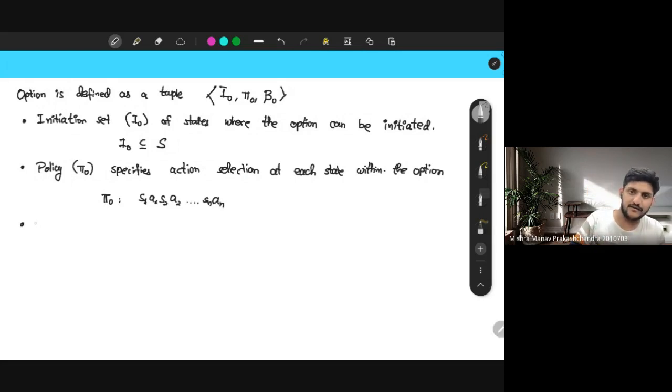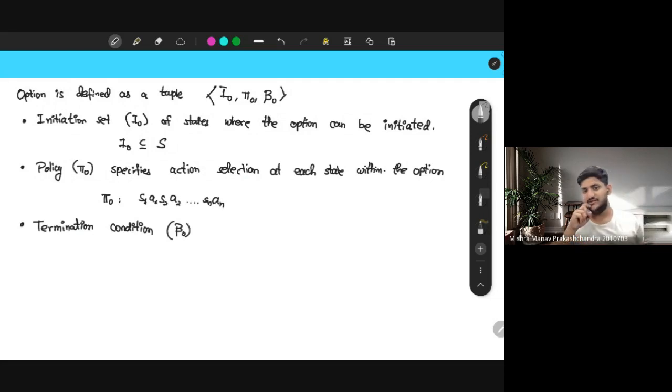The termination condition, beta_o, where o signifies option o, specifies where the option should terminate.